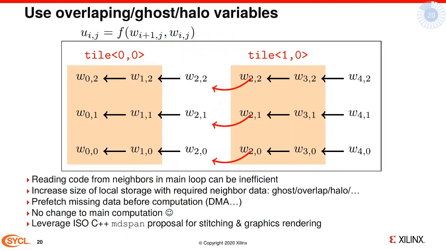So that's why you have this problem of how to access these elements that might be in your neighbor's memory. So either in your hardware, you can directly read them, but it might complicate the loop nests, or you could extend, for example here, the W with an overlapping zone, or ghost zone, halo zone, or whatever. There are different names for that, to take this into account and to prefetch the data by using some DMA hardware or something like that.